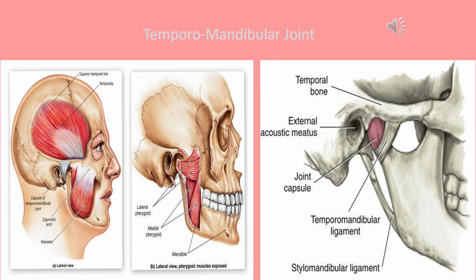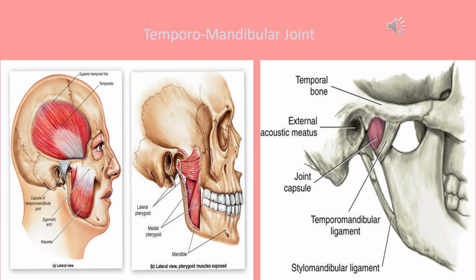So in the image on the left, we have the four muscles of mastication. Mastication means chewing. The prime mover of mastication is the temporalis muscle, a synergist muscle that goes with that to help in the process of chewing is the masseter.